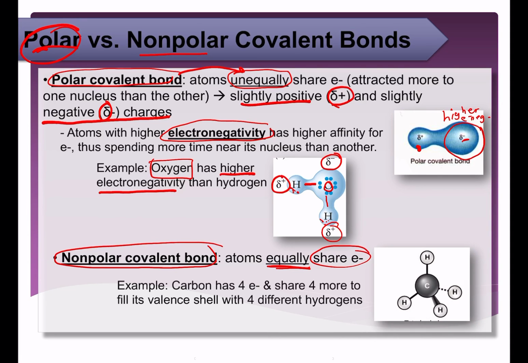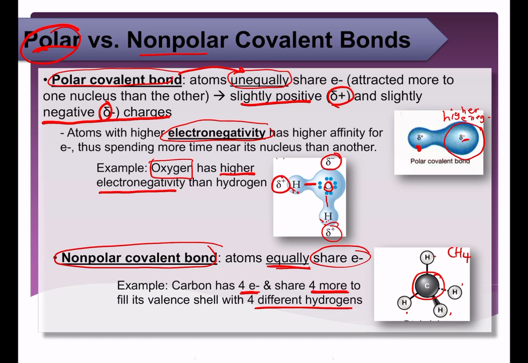A good example of a nonpolar covalent bond is a molecule of methane, which is made up of one carbon and four hydrogens, CH4. The central carbon has 4 electrons, and it will share 4 more to fill its valence shell with 4 different hydrogen atoms.